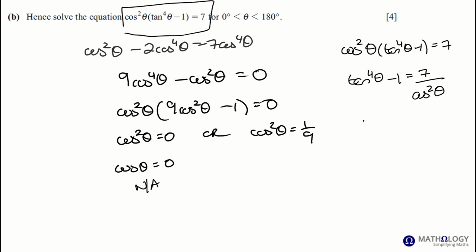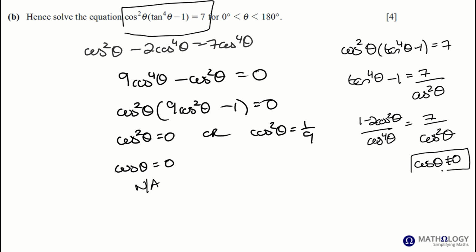We then used, from the previous question, to solve for theta, 1 minus 2 cos squared theta over cos to the 4 theta equals 7 over cos squared theta. That's how we formulated this quadratic over here. Now, the denominators in both left and right hand side are cos to the 4 theta and cos squared theta. Cos theta may not be equal to 0, because if cos theta is 0, cos squared and cos to the 4 theta are also 0, and division by 0 is undefined. So that is our restriction. So that's why cos theta equals 0 is not applicable.